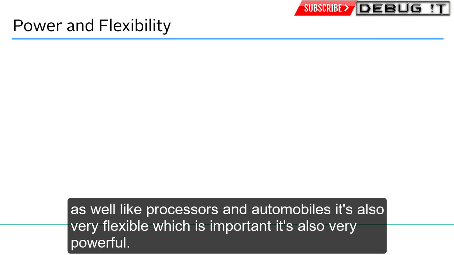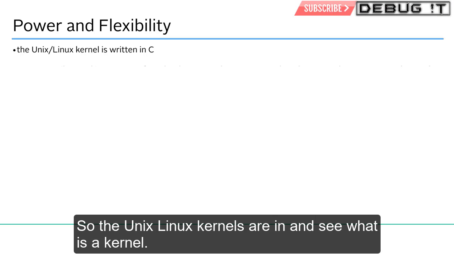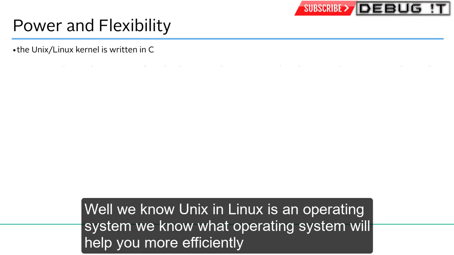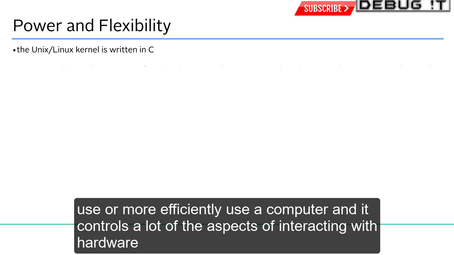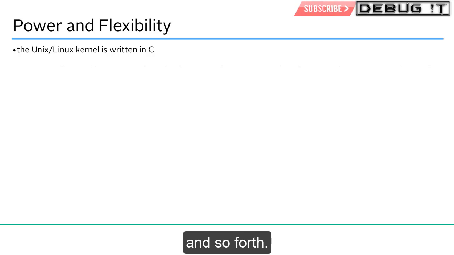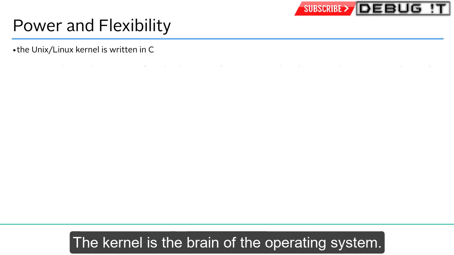It's also very flexible, which is important, and it's also very powerful. The Unix and Linux kernels are written in C. What is a kernel? Well, we know Unix and Linux are operating systems. An operating system helps you use a computer more efficiently, and it controls a lot of the aspects of interacting with hardware and so forth. The kernel is the brain of the operating system.